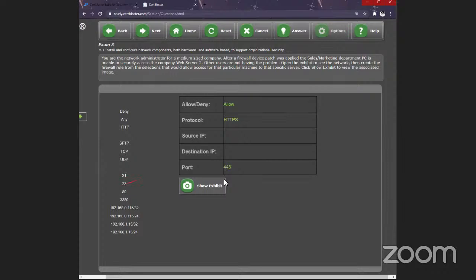And then what's 23? That is for Telnet, I believe, for logging in, unsecured login. I'm still working on my ports, bro. Good, that's what I'm here for. What's 3389 now? That one I don't know. Hold on, let me think.